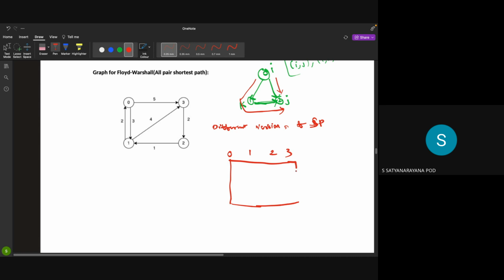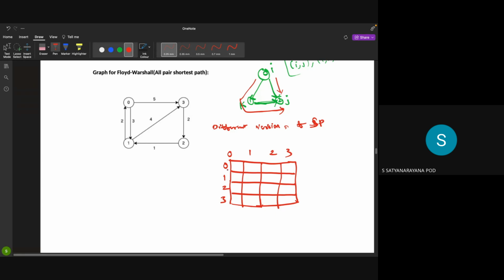I'm using a different color for each matrix. This is 0, 1, 2, and the last one is 3.